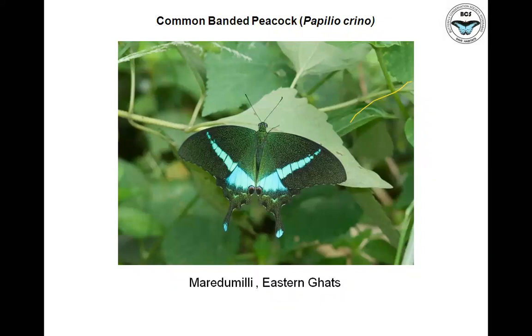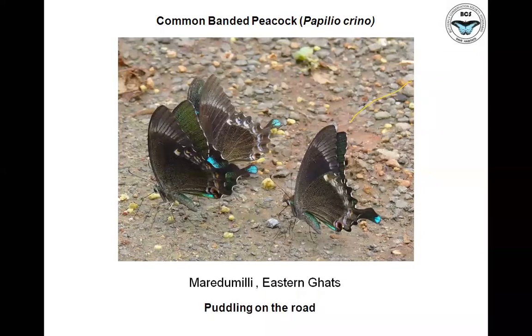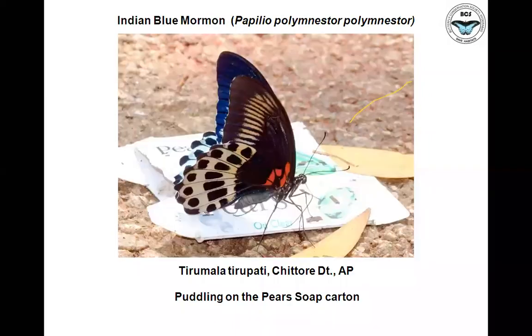They are puddling on the road. That's where, when we were heading into the Maredumilli area, we saw them on the road, stopped and took the photographs. And this is the Indian blue Mormon.